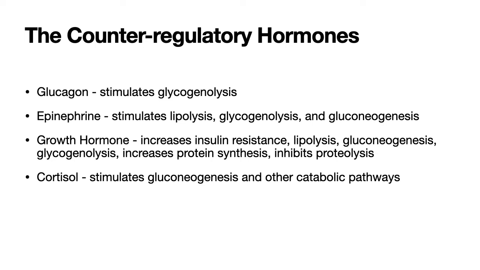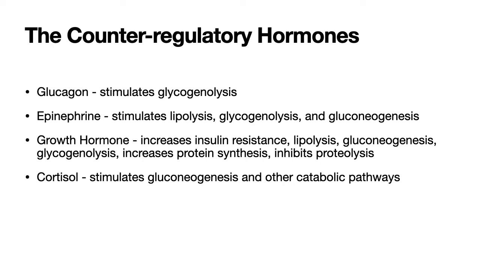Now let's discuss the counter-regulatory hormones, which are technically hormones that oppose the action of insulin. Glucagon in the liver will stimulate glycogenolysis. Epinephrine, by its action in the liver and in the fat cell, will stimulate lipolysis so that you release free fatty acids, which will then become the alternative energy source of the body in states of the fasting.